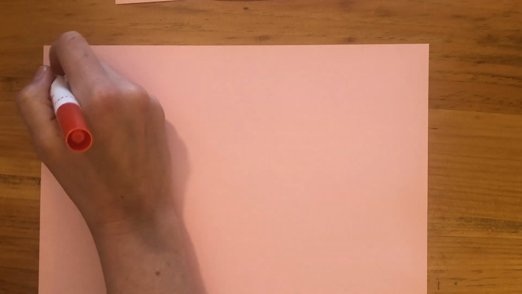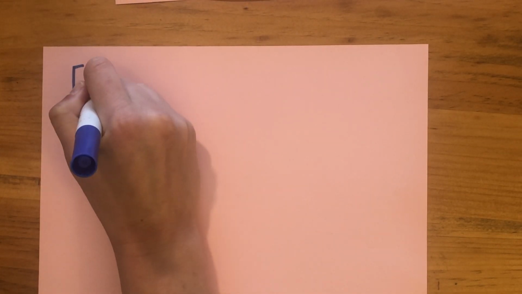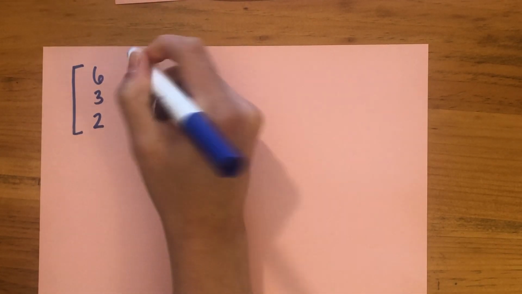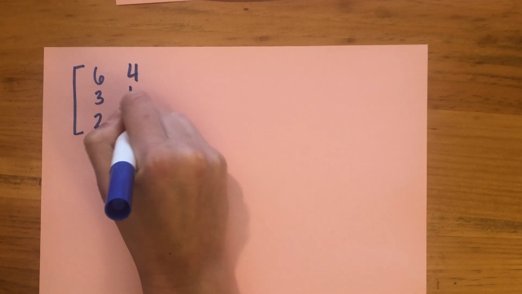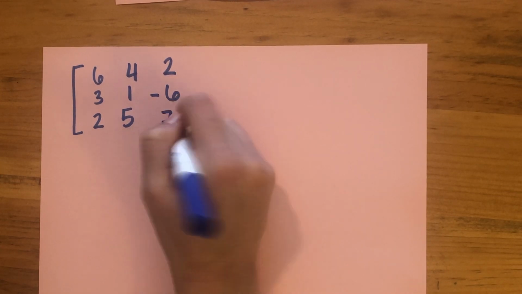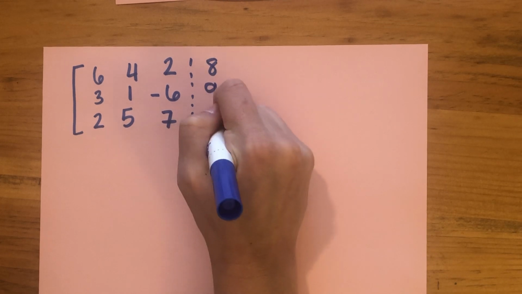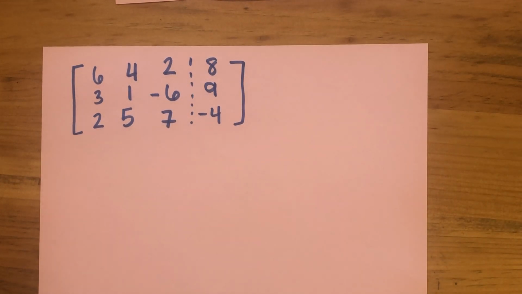All right, so let's just make sure I'm set up here. So let's just take our first matrix that we had, that 3 by 4 matrix. So we had it, and I used blue, so we have 6, 3, 2, 4, 1, 5, 2, -6, 7, 8, 9, -4.